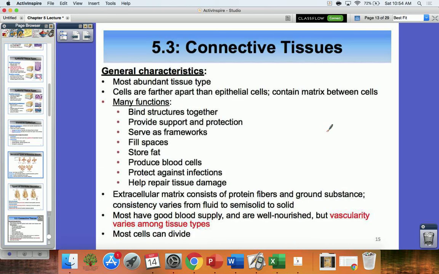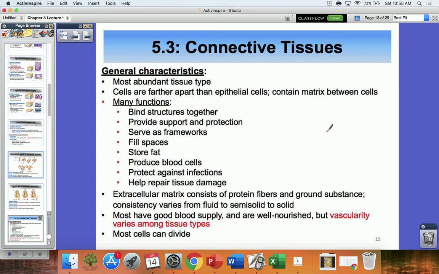Now, we're going to get into connective tissue. Connective tissue is the one that you may not be as familiar with as the others, but we have connective tissue everywhere. It is the most abundant type of tissue that we have within the body, and it does a lot. I kind of think of connective tissue as this catch-all group because it does everything.